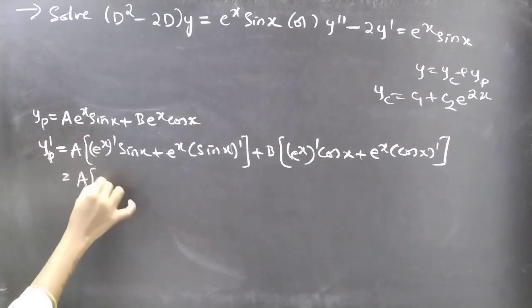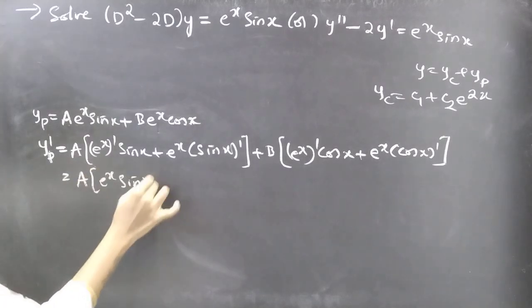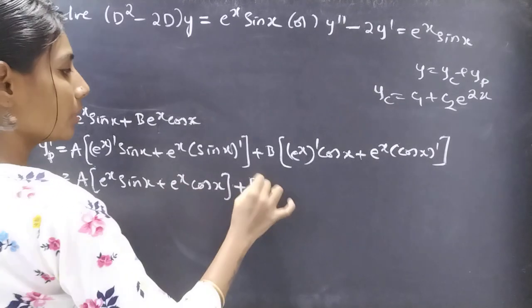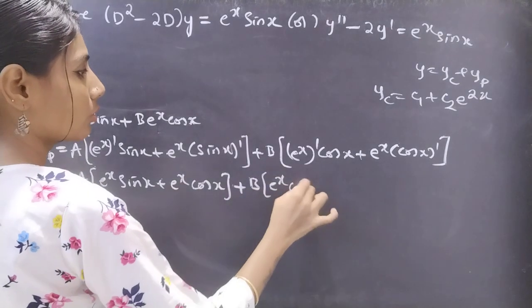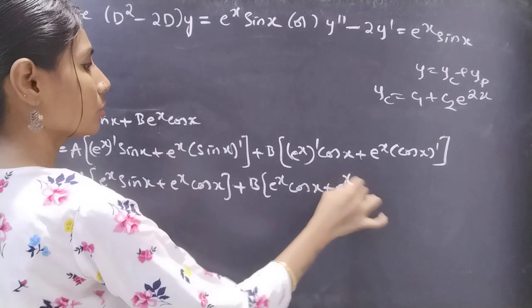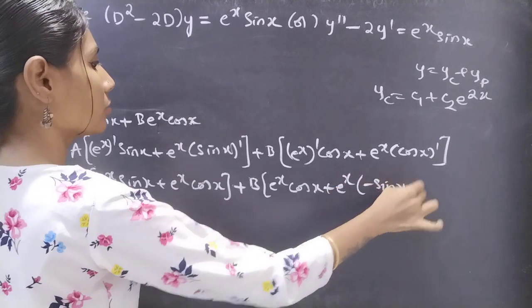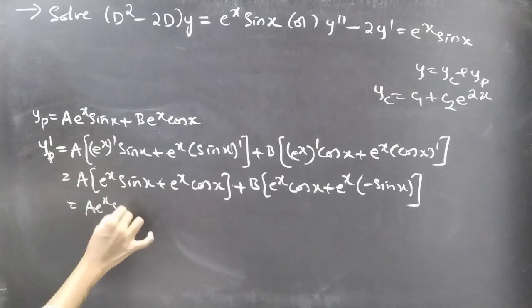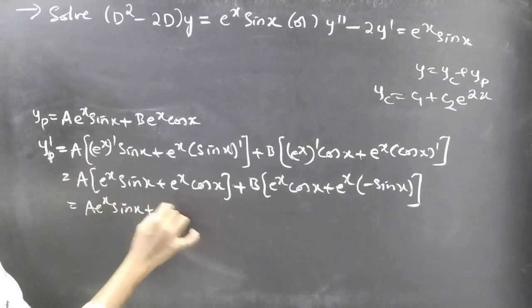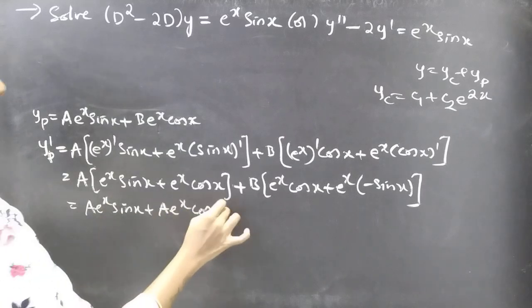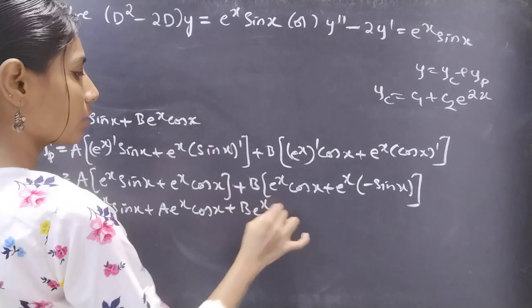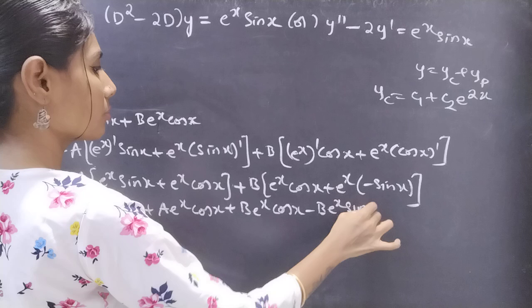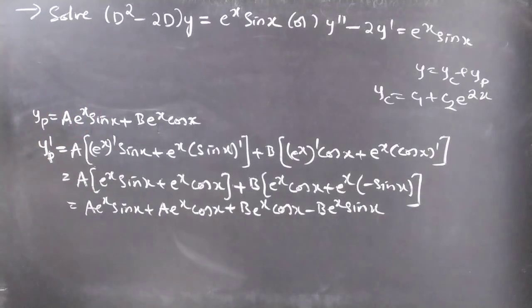This gives us a into e power x sin x plus e power x cos x plus b into e power x cos x plus e power x into minus sin x, right? Which gives us a e power x sin x plus a e power x cos x plus b e power x cos x minus b e power x sin x, right?